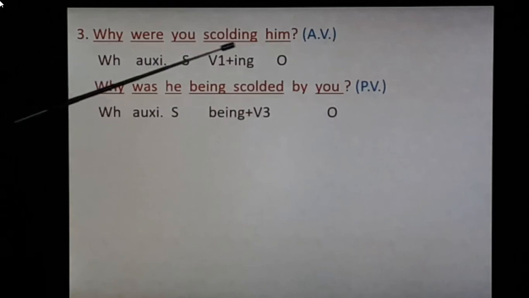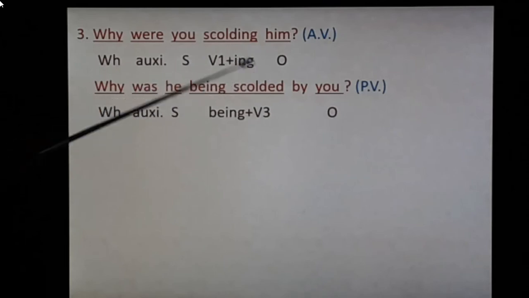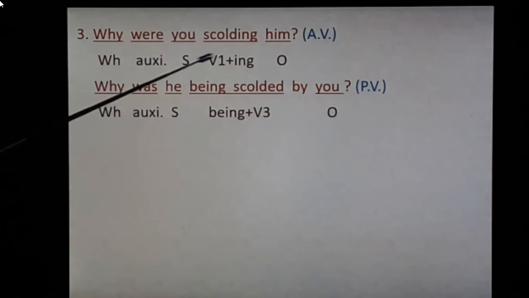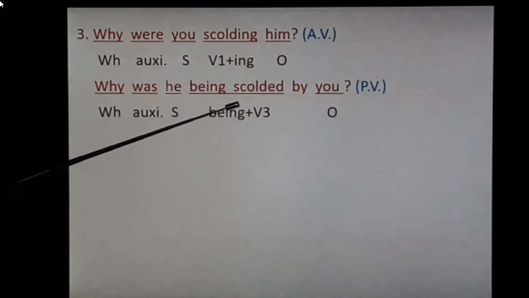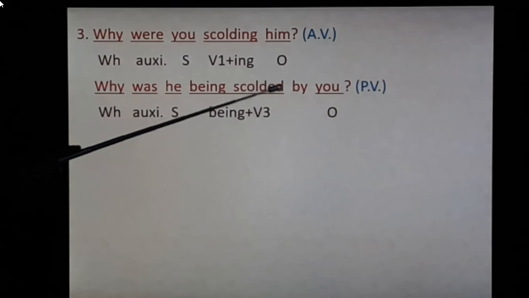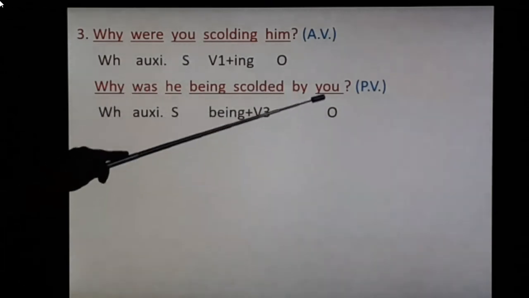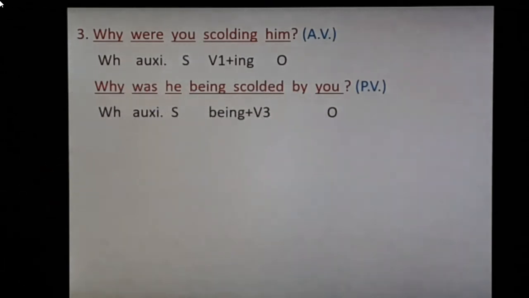After that, according to the object, it becomes the subject in passive voice. So according to this, you have to put the appropriate auxiliary verb in the beginning after why. So why, was, then he, then put being plus the V3 form of the main verb scold. So scolded by you. Then put a question mark. This is passive voice.